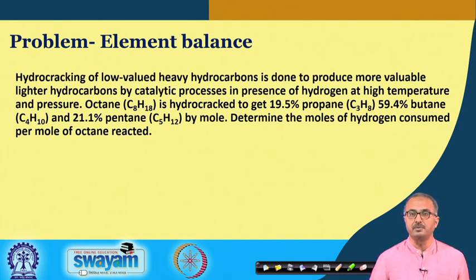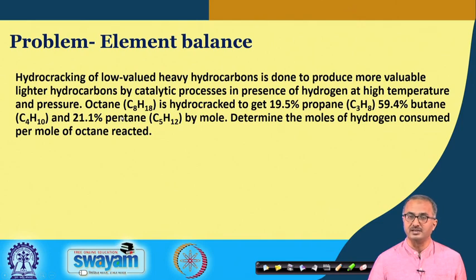Hydrocracking is a very important refinery process which is used to convert the low valued heavy hydrocarbons to more valued lighter hydrocarbons by some catalytic process in the presence of hydrogen, that gives the name hydro. Cracking means breaking up a bigger molecule into smaller molecules. So we are having hydrocracking, the cracking in presence of hydrogen, and this requires a high temperature and pressure.